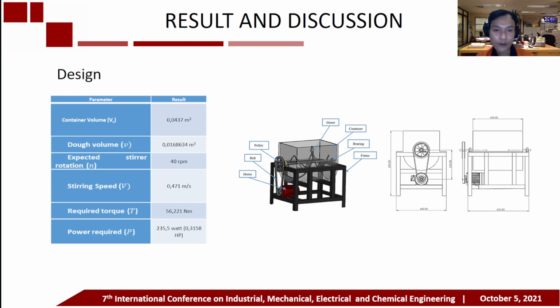The design concept of the bread dough mixer designed in this study is a horizontal type mixer with the rotational speed of 40 rpm.